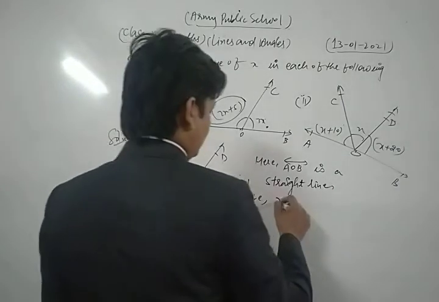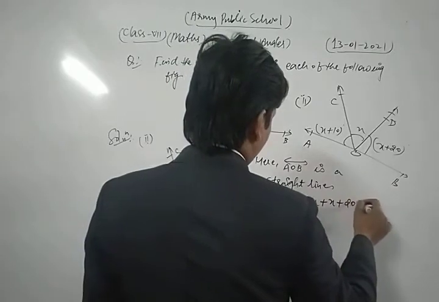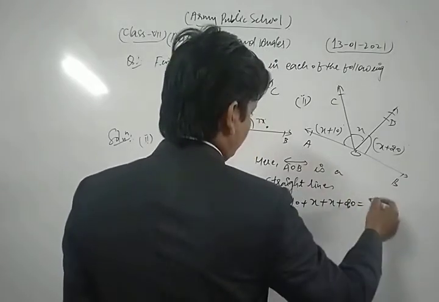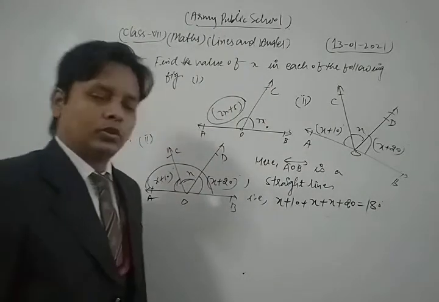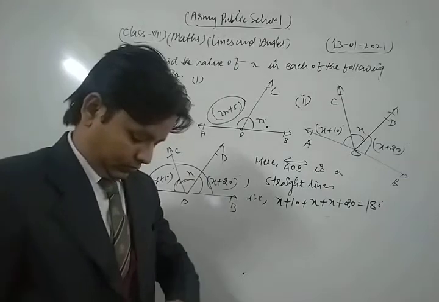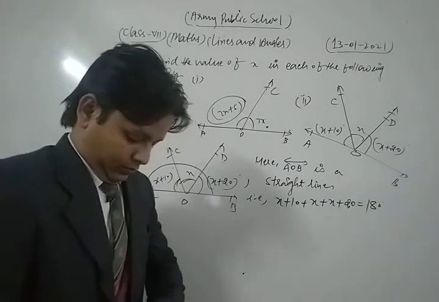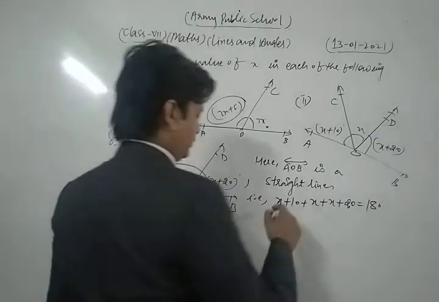That is x plus 10 plus x plus x plus 20 is equal to 180. Okay, sum of all angles on that straight line is equal to 180.